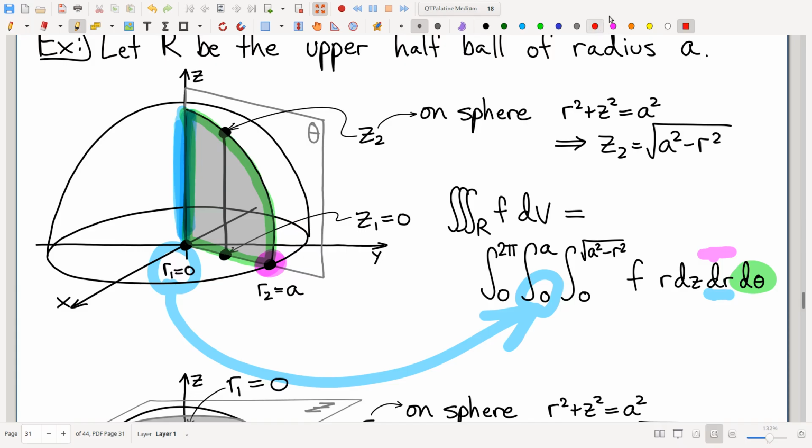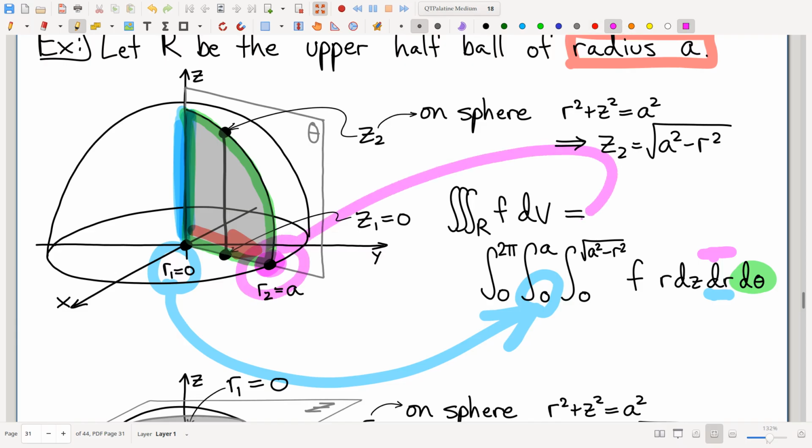One thing I know about it is that it's a radius a away from the z-axis. Geometry. That little red arrow that I drew there is a distance away from the z-axis. It's also a radius. The radius is given to be a, and so r2 is a.